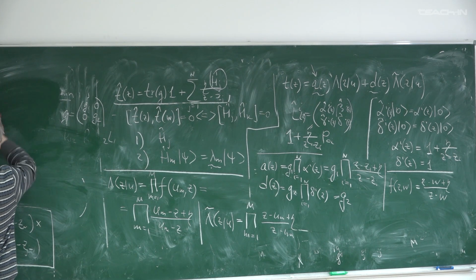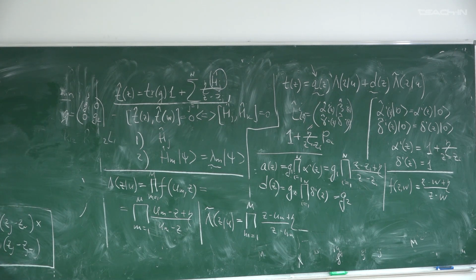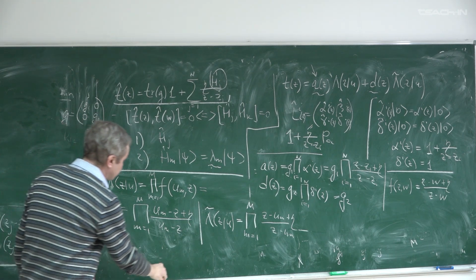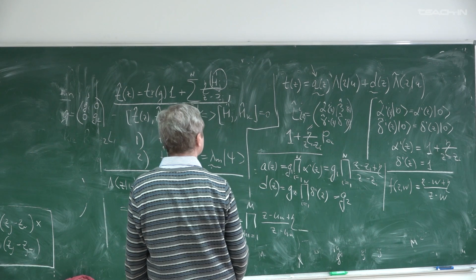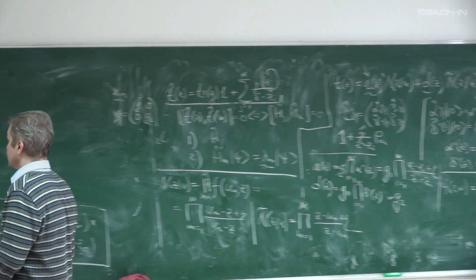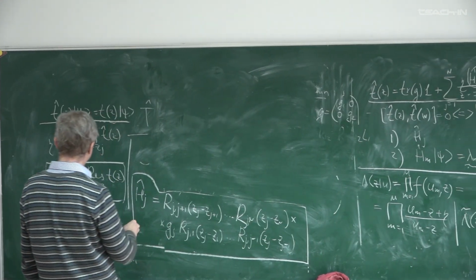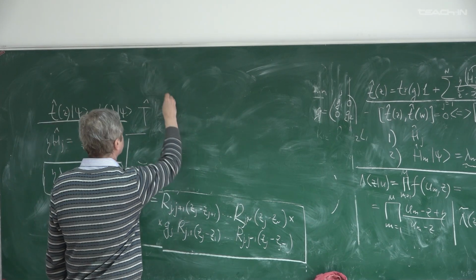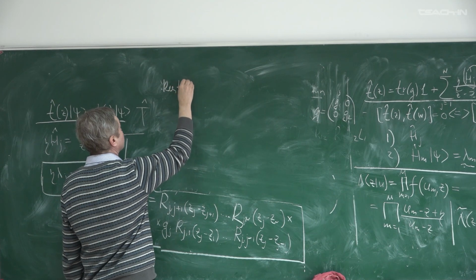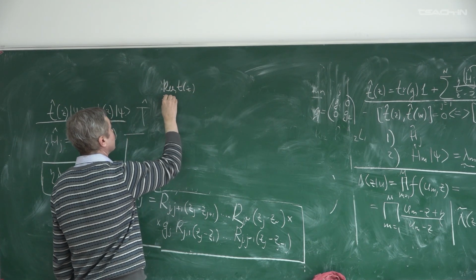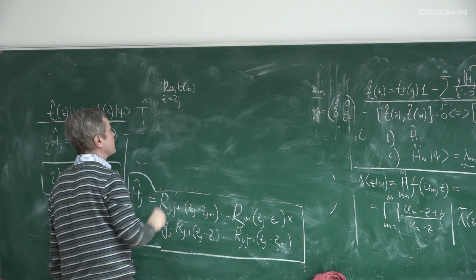And this allows us to obtain the result. So we may just let me write it like residue of t of z at point zj.